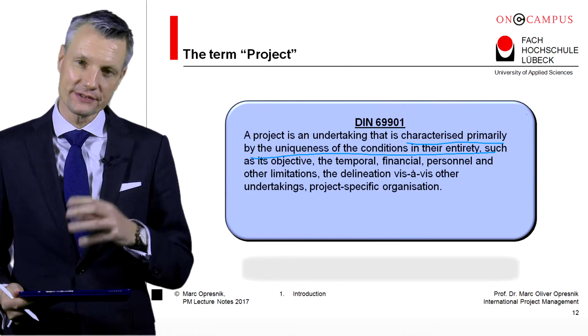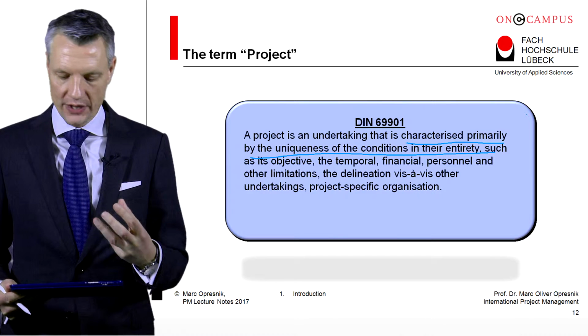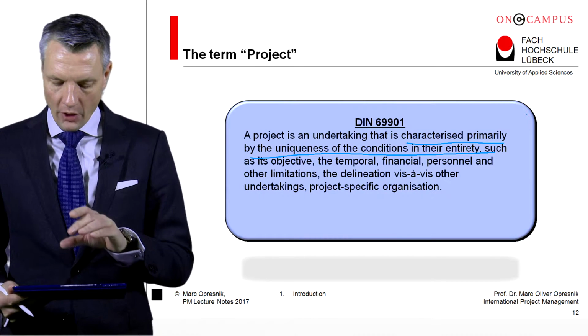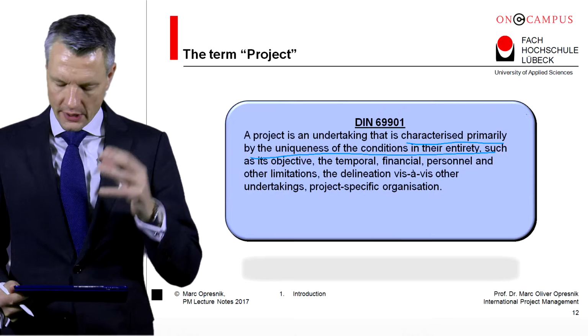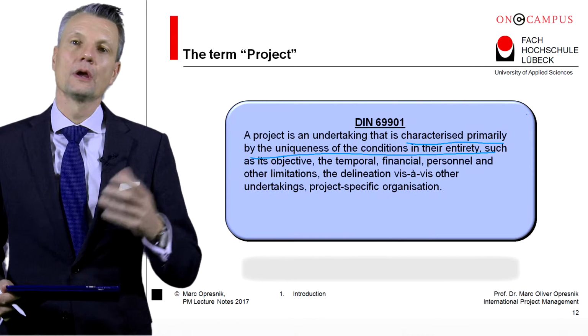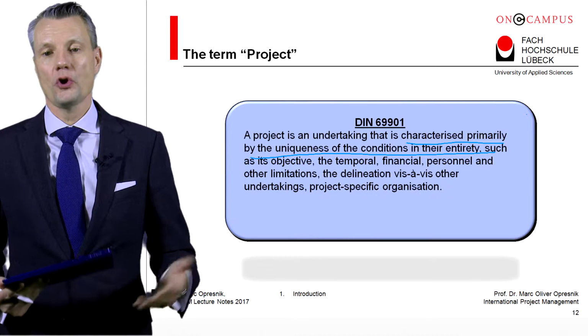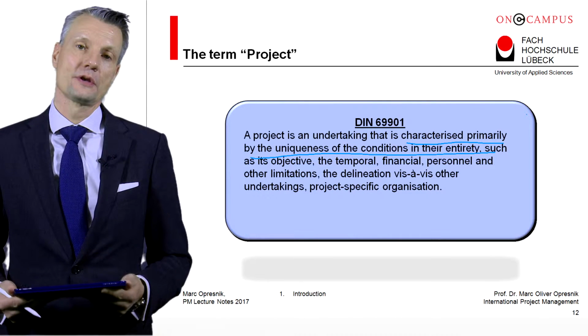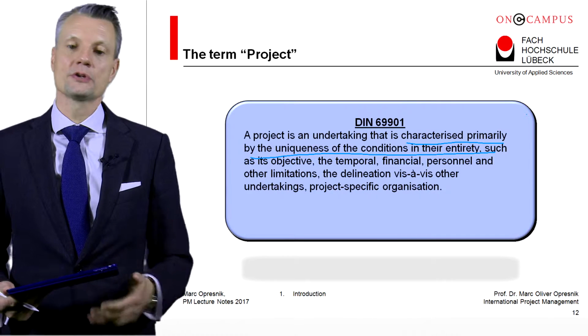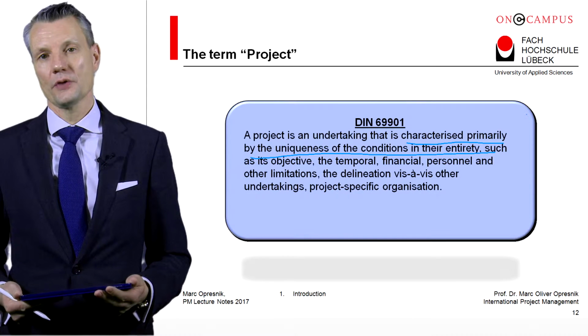The uniqueness is a characteristic trait of a project, under the conditions of time, goals, and resources such as costs or staff. So this is a hands-on definition of a project.